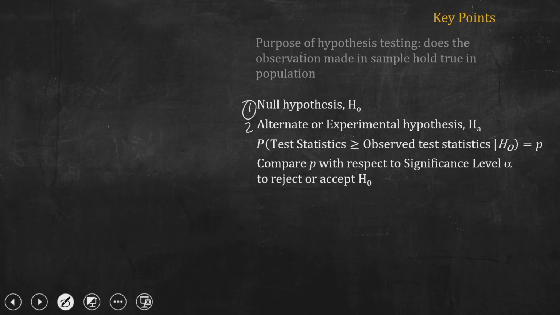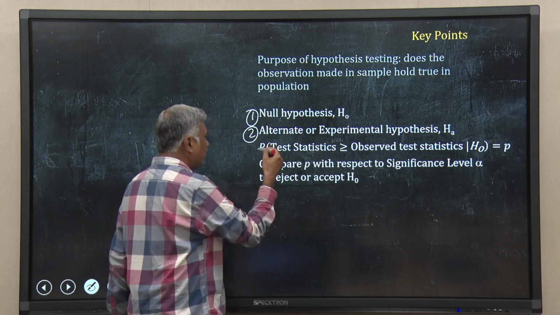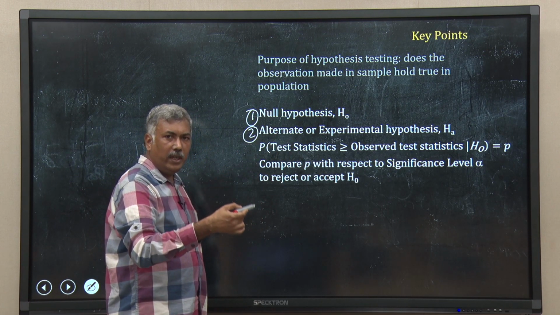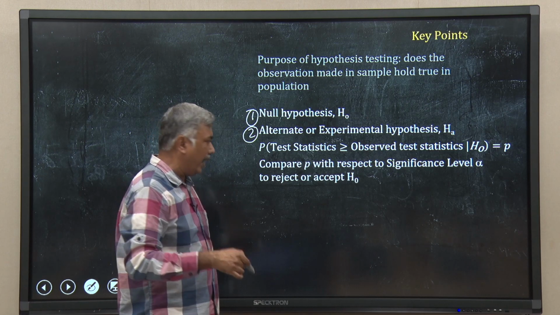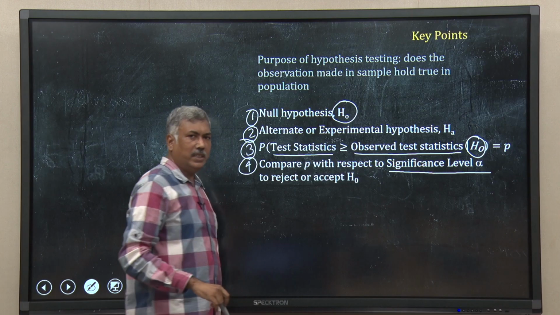Then we create a test statistic depending upon the type of experimental data we have, and we calculate the probability that the test statistic is bigger than the observed test statistic, considering the null hypothesis is true. We get the p value, and we compare that p value with a cutoff called the significance level alpha, and based on that we either accept H naught, the null hypothesis, or reject it.